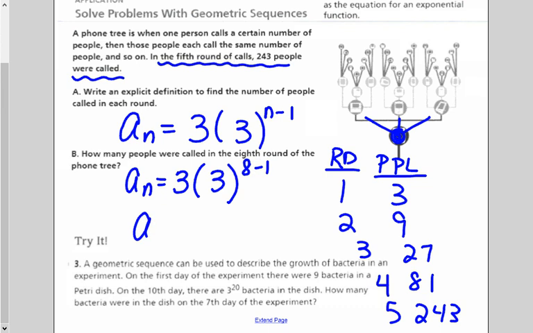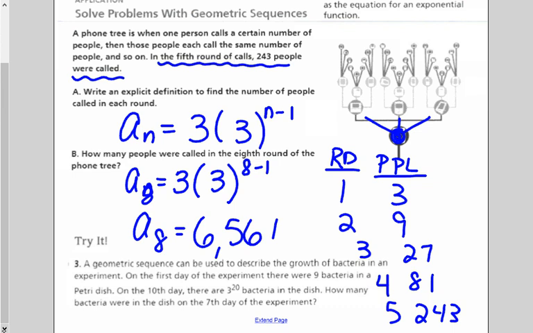By the time you get to round 8, make a little subscript 8 there, you'd have 6,561 calls made. So that would support a very large organization, much larger than the number of teachers in the district. That's what you get for round 8, 6,561.